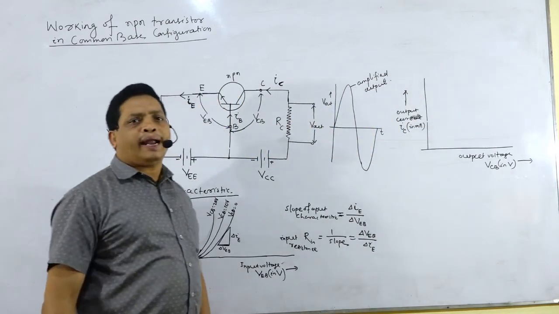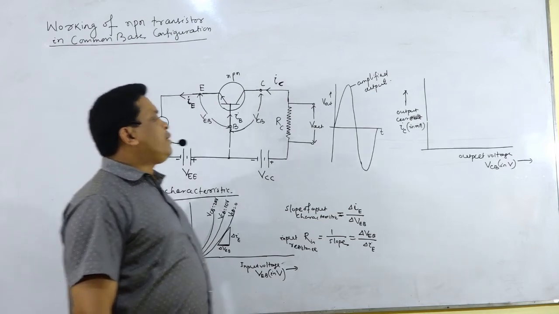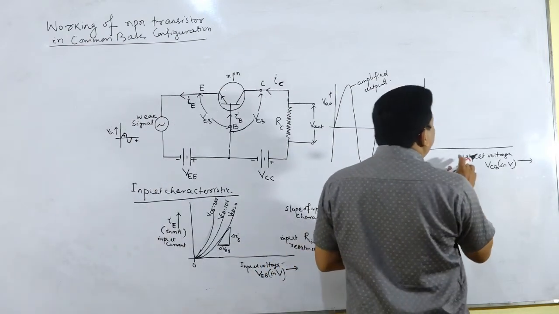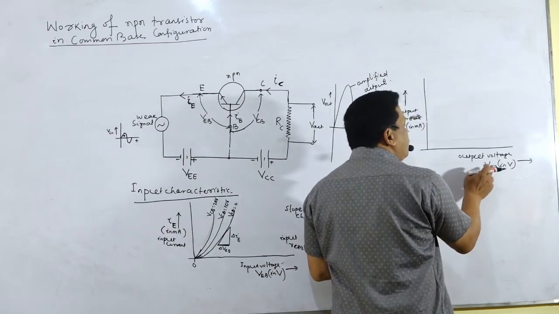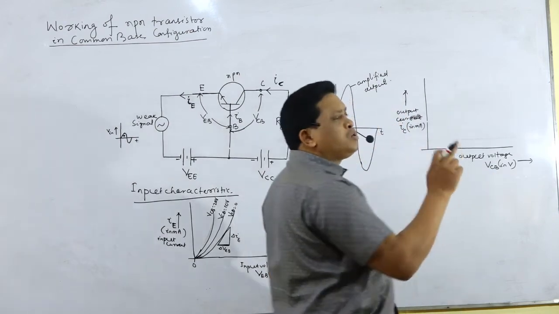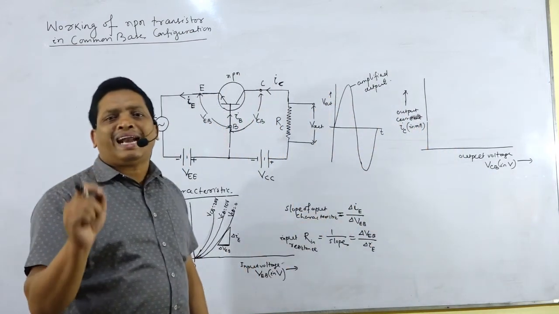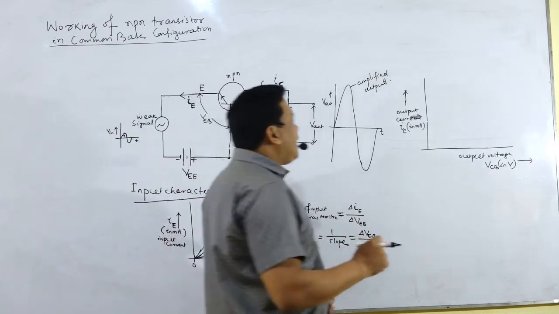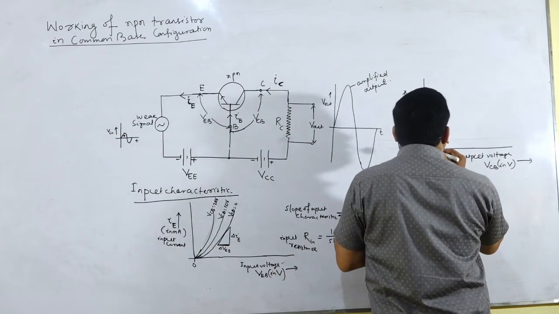Here input current is emitter current. So keeping emitter current constant, if we plot a graph between VCB and IC, that will be the output characteristic. Okay, now let us draw the output characteristic.